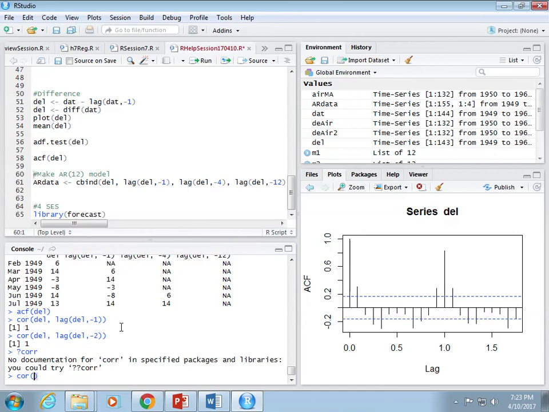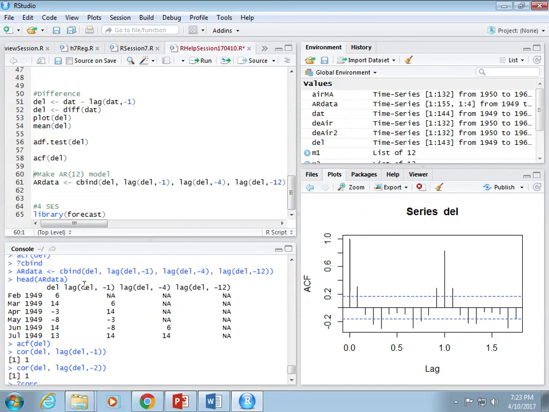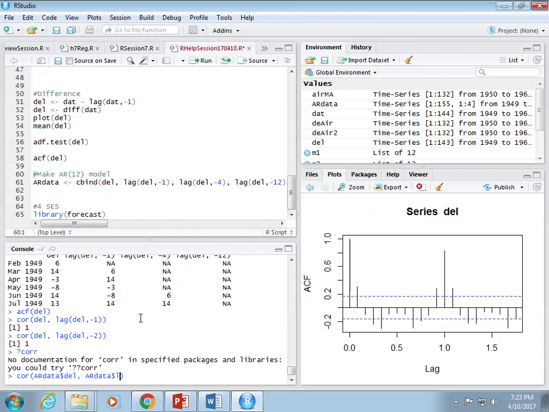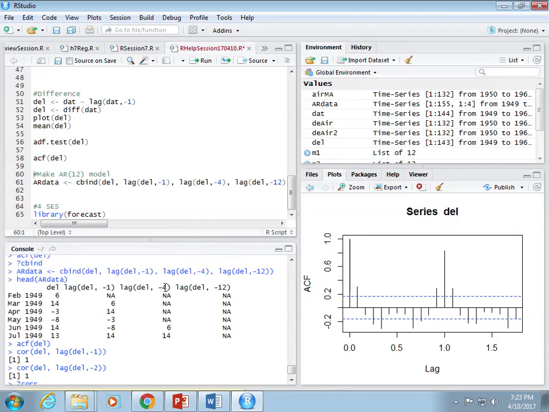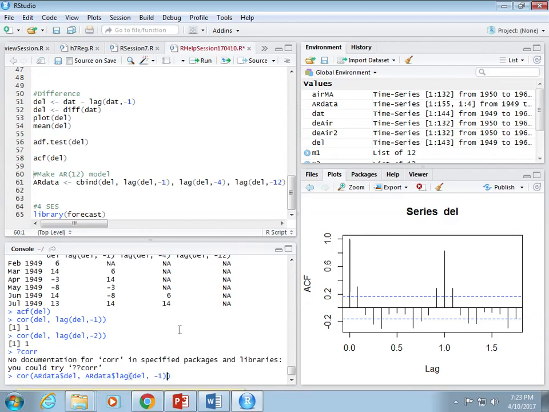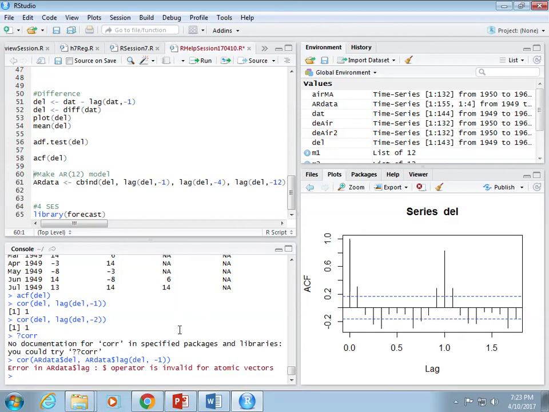For AR data, del, AR data, one. Sorry, I'm going to have to think about how to do that.